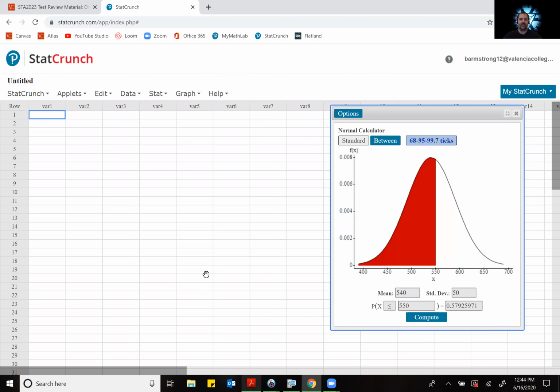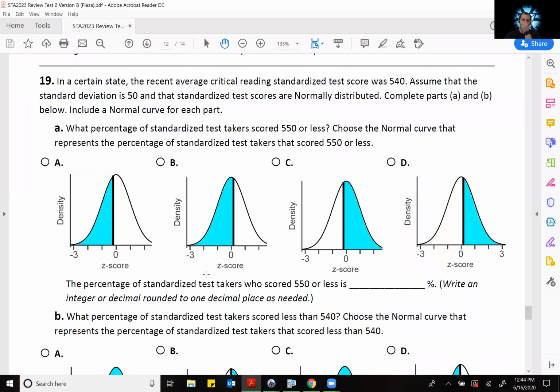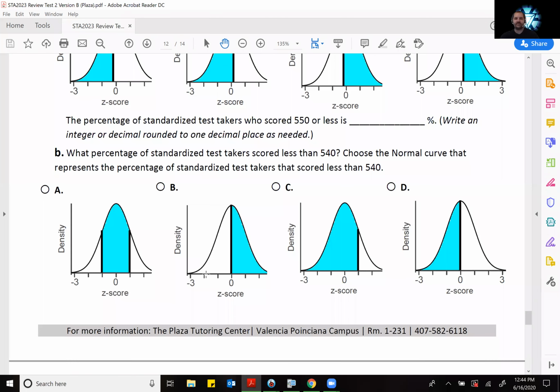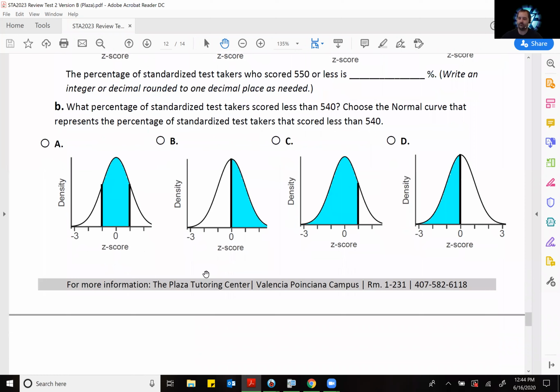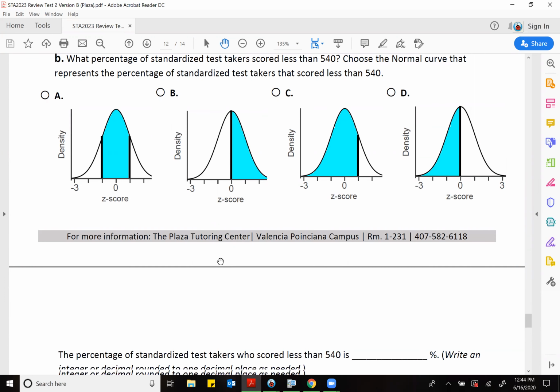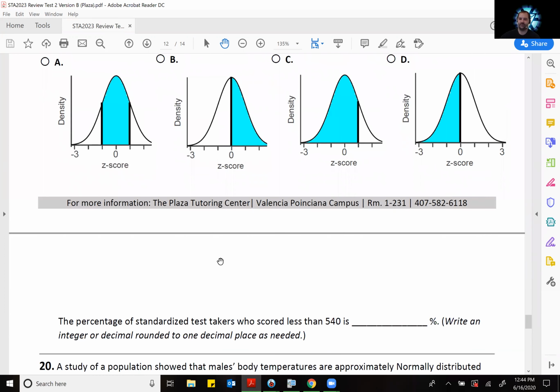So part B, what percentage of standardized test takers scored less than 540? Would that be D? So the graph is D. Perfect. And if we had a percentage, what is that percentage? 50%. You got it. 50.0%. Because it's half.